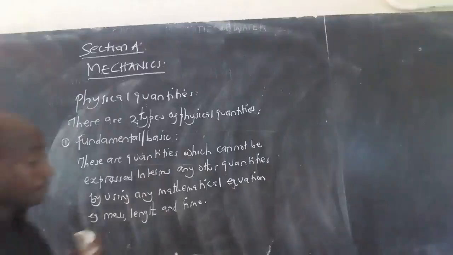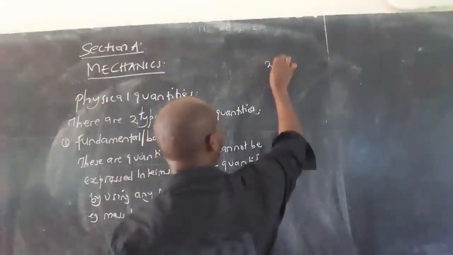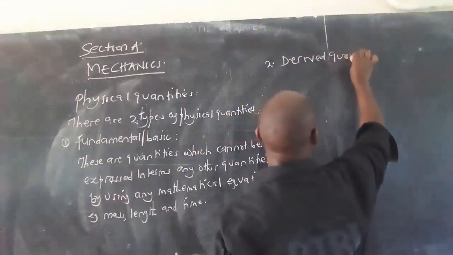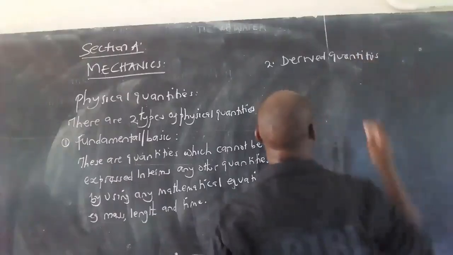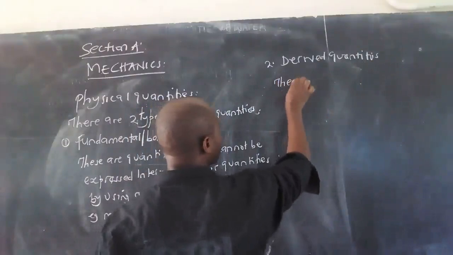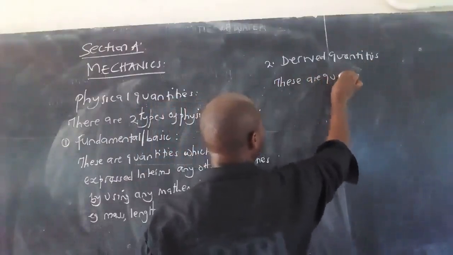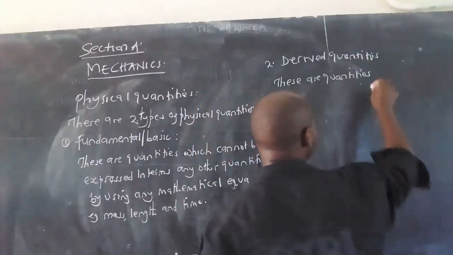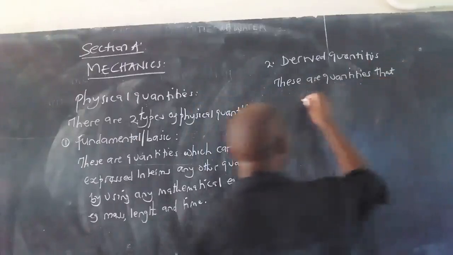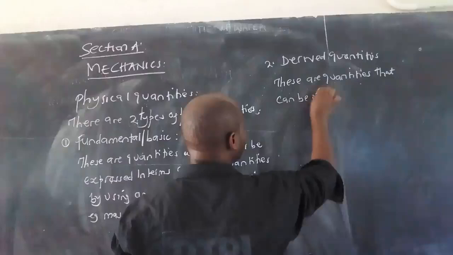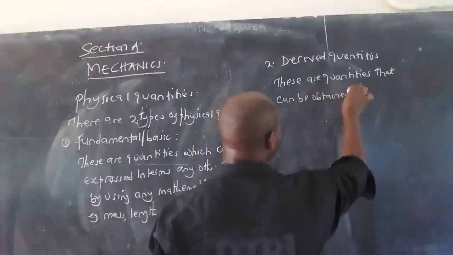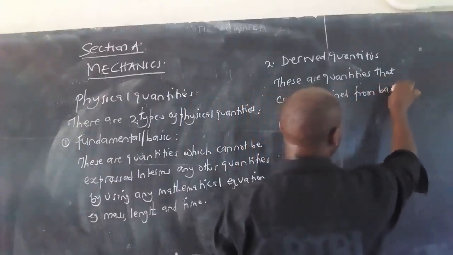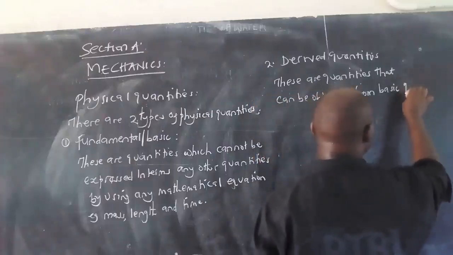That's number one. Number two, we have derived quantities. We said these are quantities that can be obtained from basic quantities.